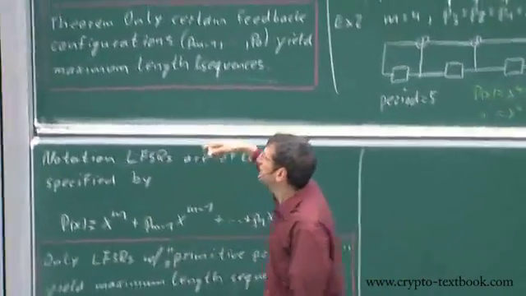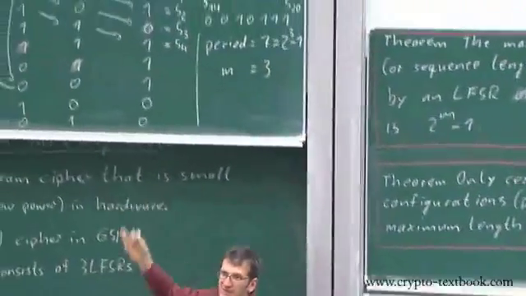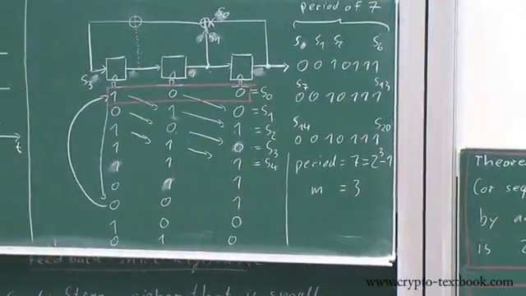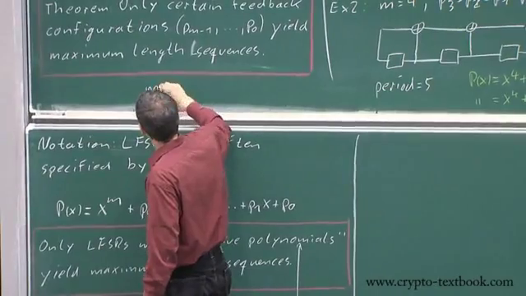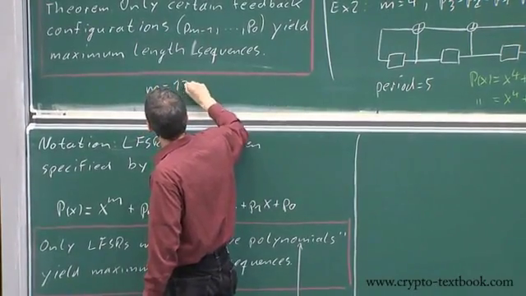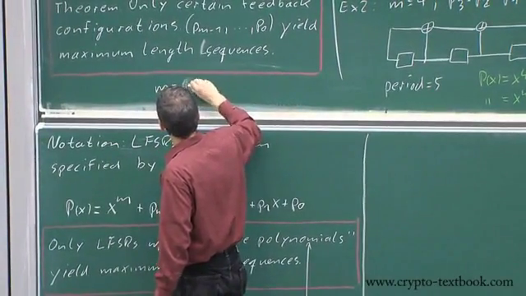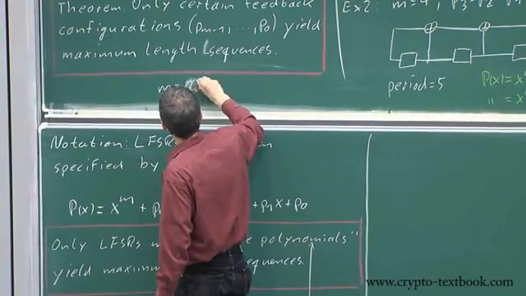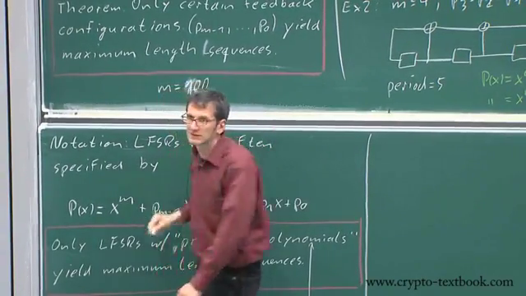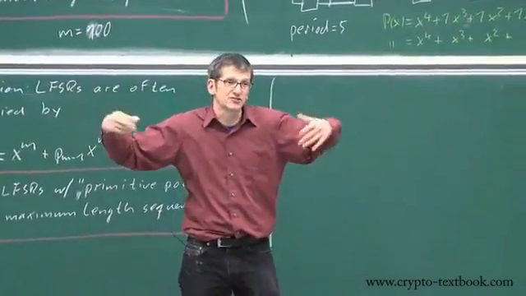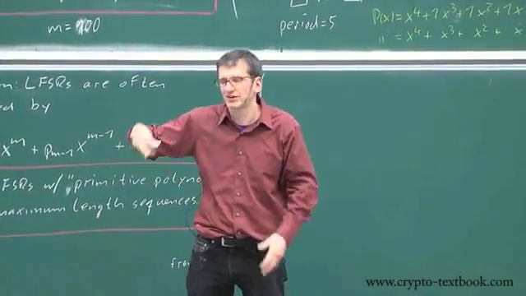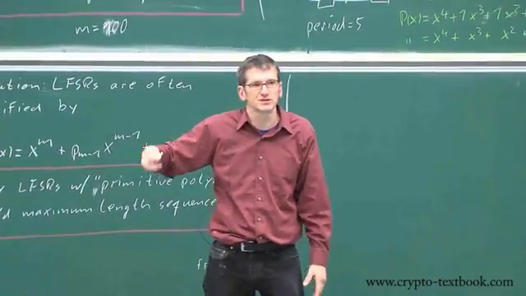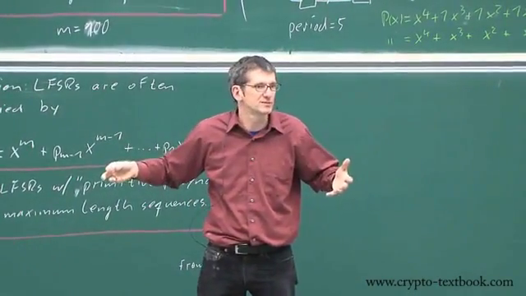And if m is 3, you get a sequence length of 7, which is a joke, right? Which is far too short. But if you choose, let's say, m equals 100, you get a sequence length of about 2 to the 100, which is huge, which you will never finish. You will never cycle through the sequence. 2 to the 100 is a far too big number, okay?